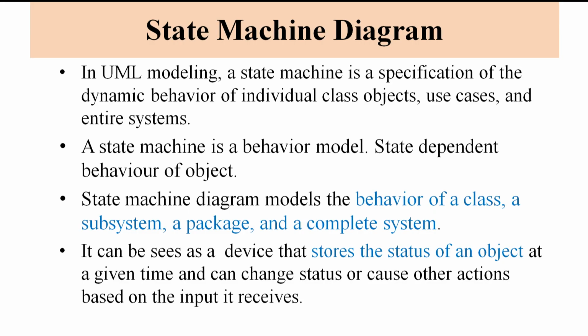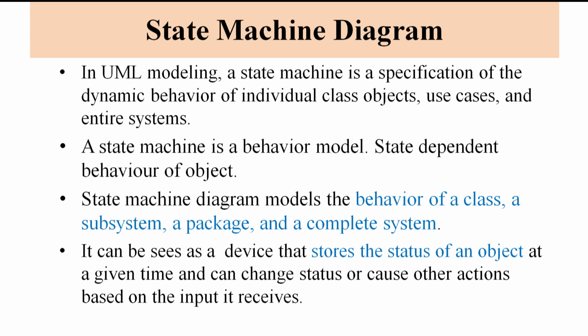In UML modeling, a state machine diagram is a kind of specification which tells about the dynamic behavior of individual classes, objects, use cases, and the entire system. Individual class objects are the objects involved in the processing of different activities of the system.